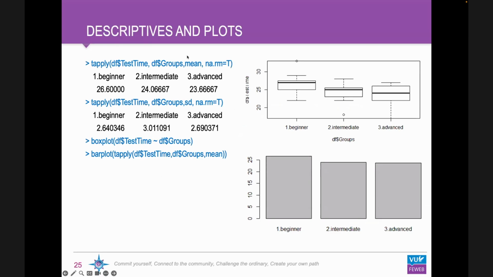The descriptives and plots are quite similar to what we have already seen for the t-test. You can check these on your own, but we can see from the bar plots that the mean times are actually not that different.